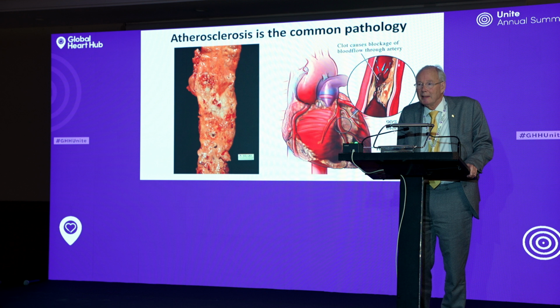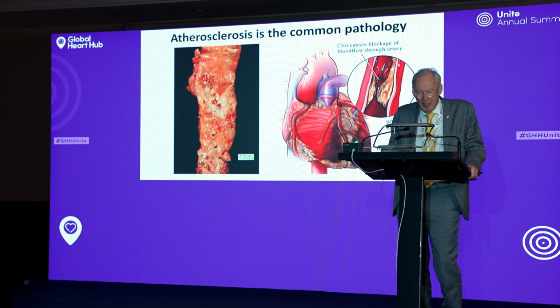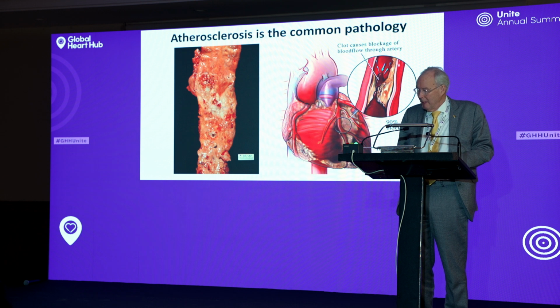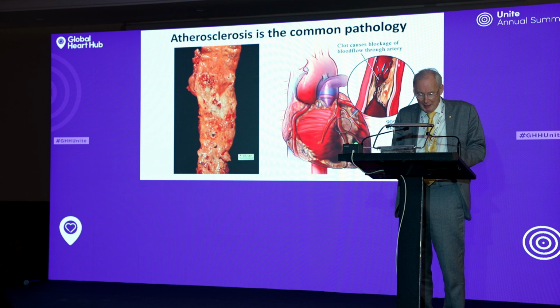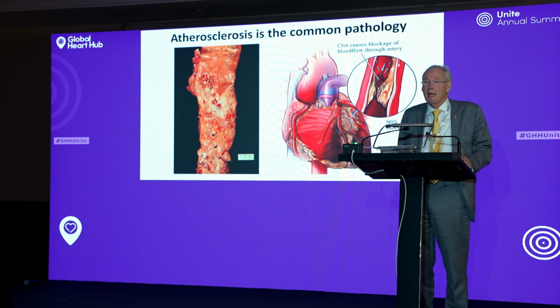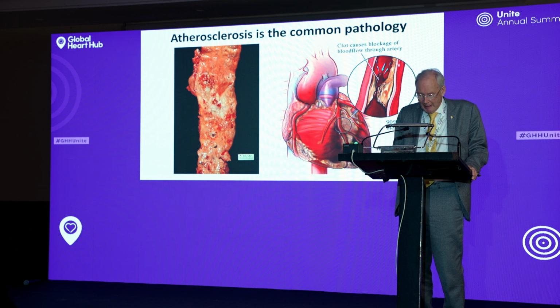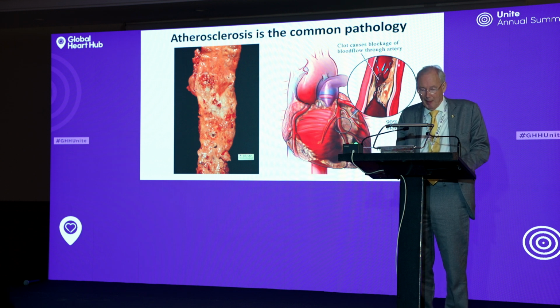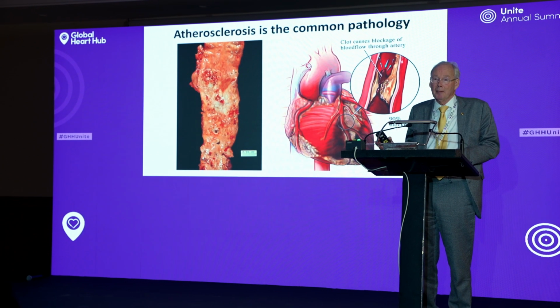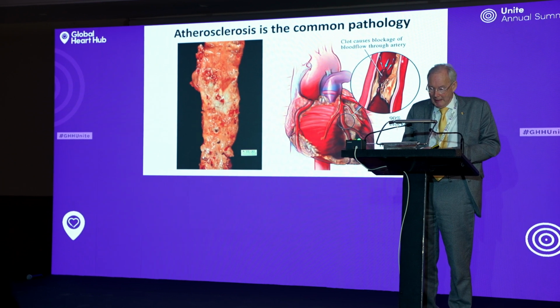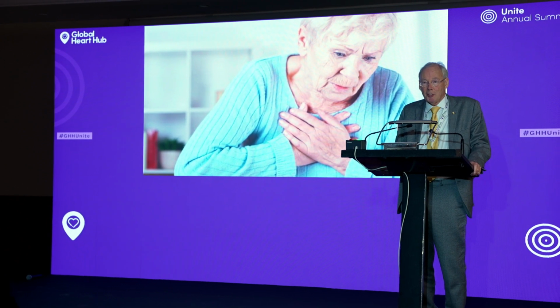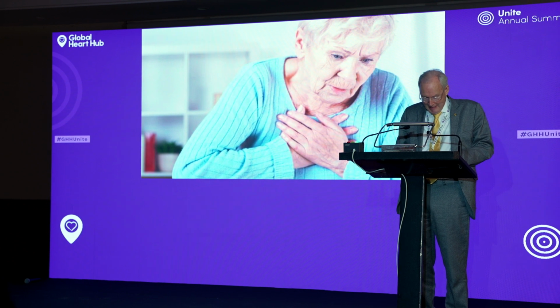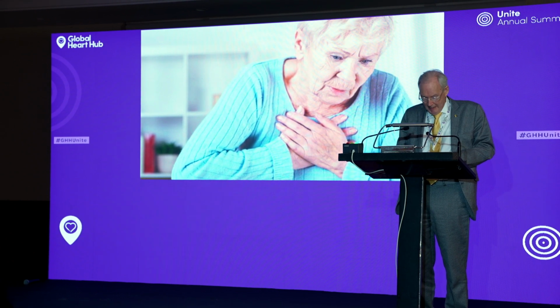And here is a picture on your left of an arterial wall pockmarked with yellow fatty deposits, and when one of these splits and releases its fatty content into the bloodstream, it causes instantaneous thrombosis, a clot, and that blocks the artery, and the muscle beyond that blockage is deprived of oxygen, and that produces the classical crushing retrosternal chest pain characteristic of a heart attack.